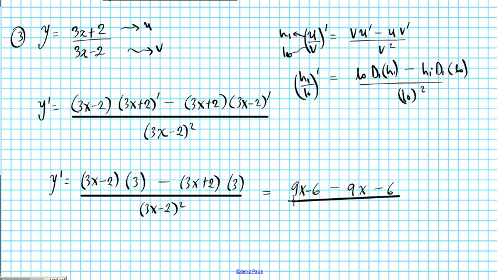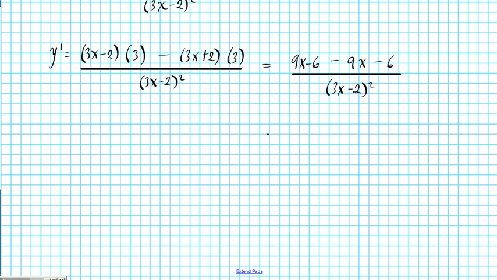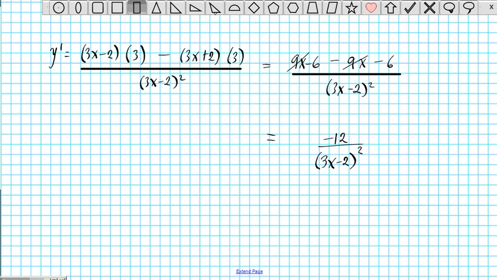Then we'll just simplify the numerator in one last step, and that will be that. The final answer is going to be, these are opposites, so they cancel out. You're going to have negative 12 divided by the quantity 3x minus 2 squared. So there goes your final answer.